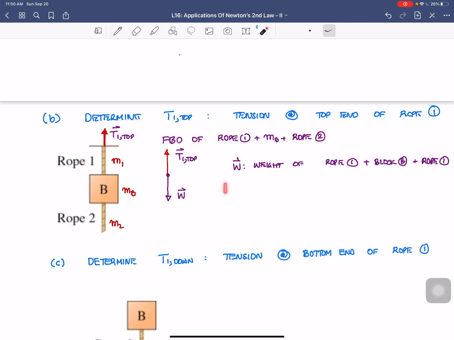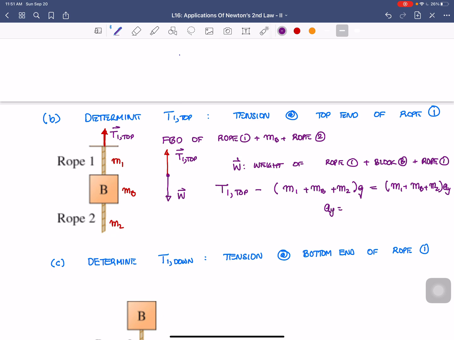So the tension at the top end of rope 1 minus M1 plus M sub B plus M2 times g, that's the weight of all these remaining objects, is equal to M1 plus M sub B plus M2 times a sub y.